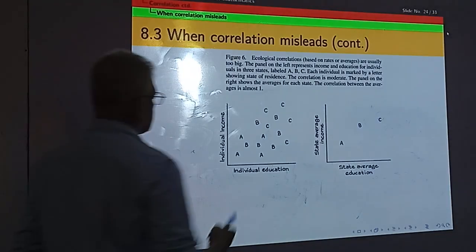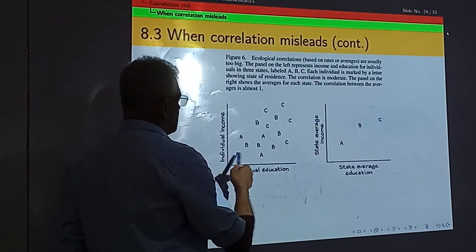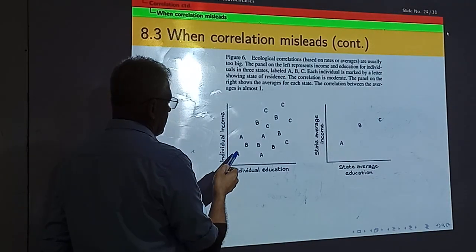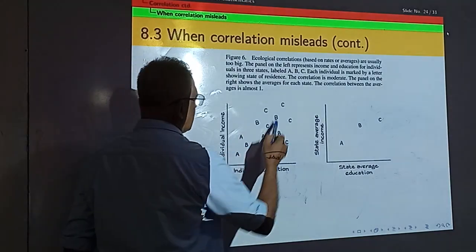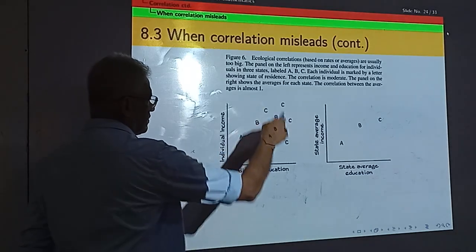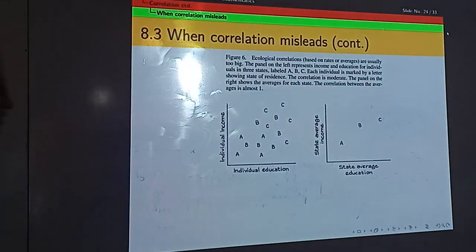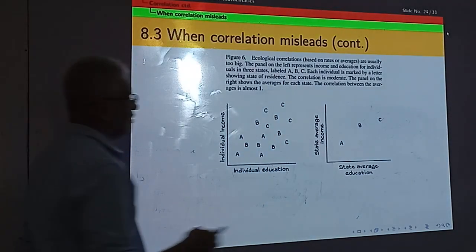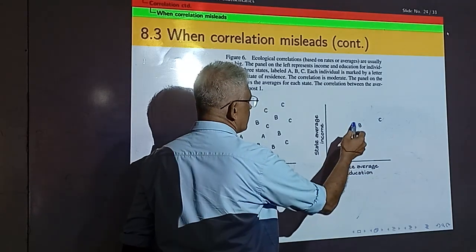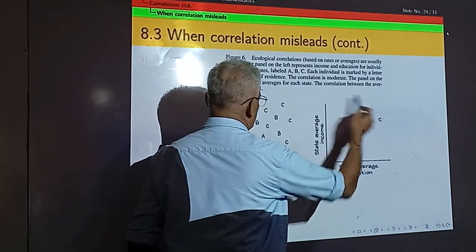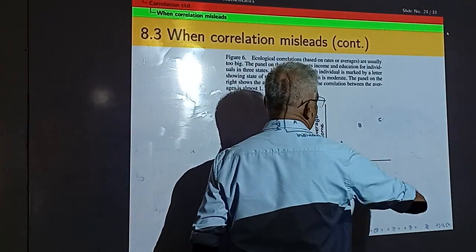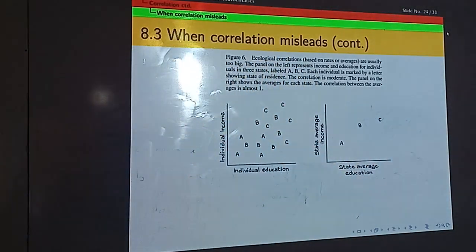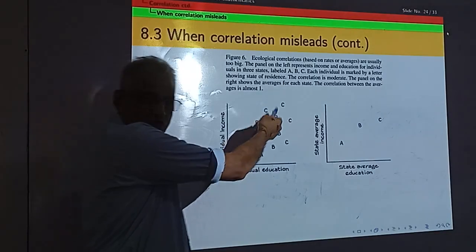So suppose you have 3 states A, B, C. So their individuals are going to be like this: A here, A here, A here, A here, like that. And some B's are here, some B's. But if you consider the average of A's, average of A's is going to be here, average of B's is going to be here, average of all these C's is going to be here. So here it looks like there is some kind of a strong relationship, but in this one it's weaker.